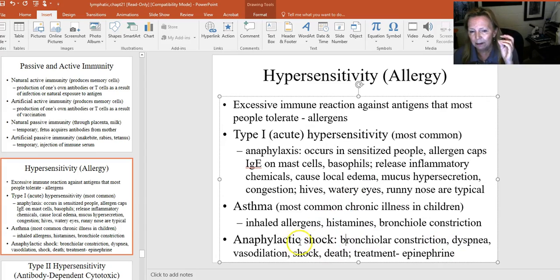And if it's a systemic response, especially to the airways, it can lead to dangerous, life-threatening situations, because the airways will close down. And if you can't move air, it can lead to shortness of breath, difficulty breathing. Dyspnea is difficulty in breathing. At the same time, this is causing capillaries to dilate, which is decreasing blood pressure.